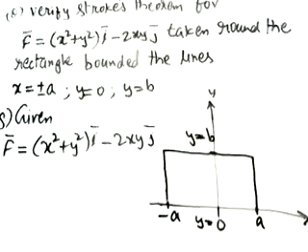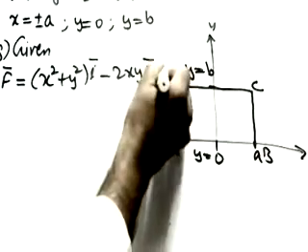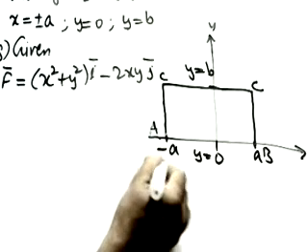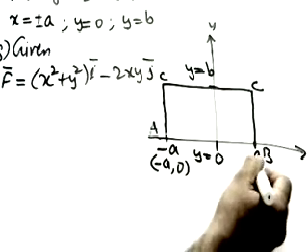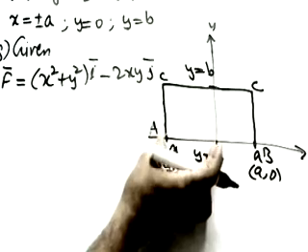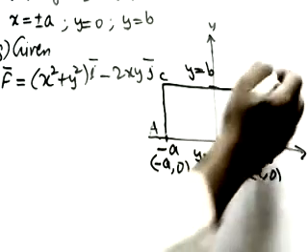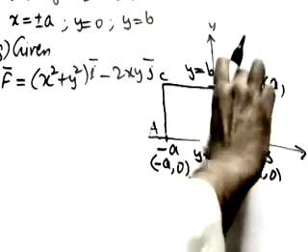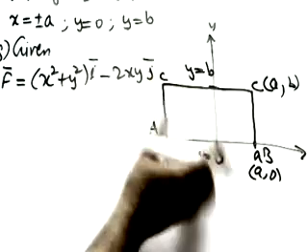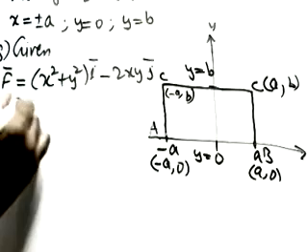Okay. Now let's write the vertices also. Let me take the vertices as A, B, C, D. Now watch carefully how we can write. On the x-axis we have y equals 0. This distance is a, so a comma 0. This distance is minus a, so minus a comma 0. And C: the x coordinate here is a, whereas the y coordinate is b, so a comma b. And lastly, D is x equals minus a and y equals b.